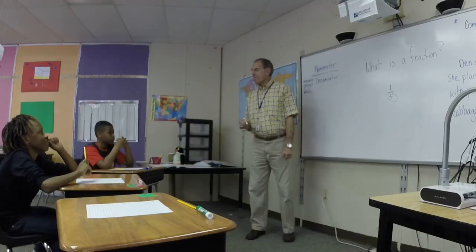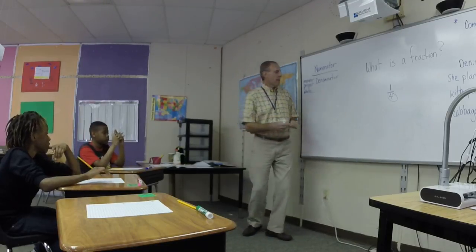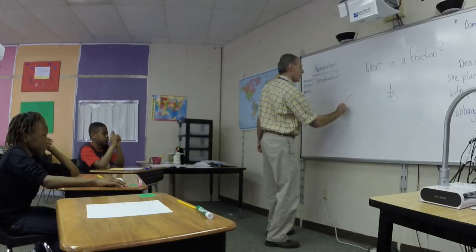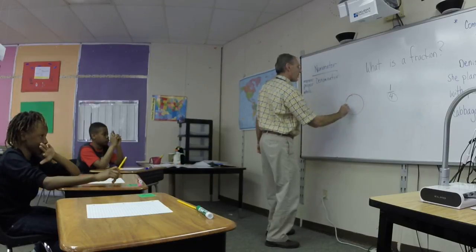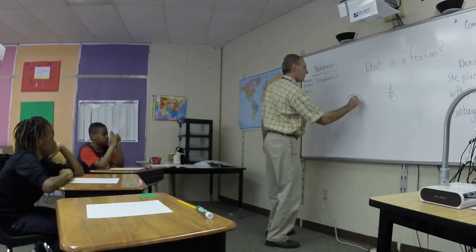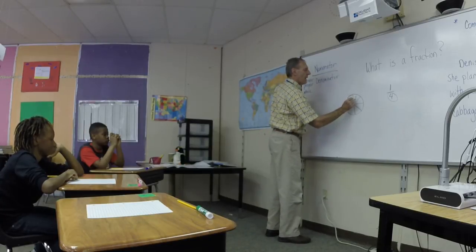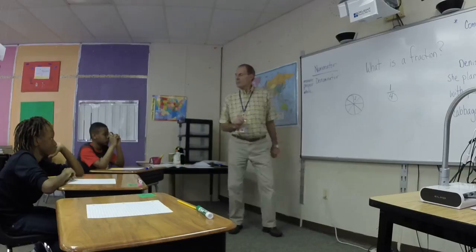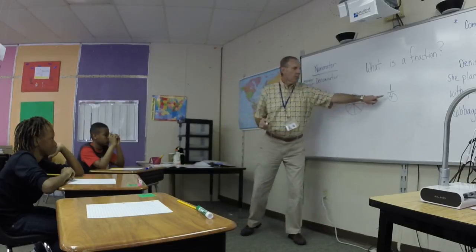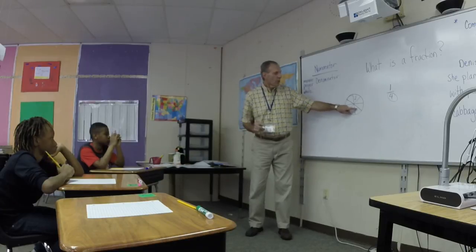Do you know? Okay. Now, let's say, for instance, we take a pizza pie here, and we're going to divide it into eighths. Each of these is 1/8 all the way around. Your bottom number in a fraction is the total number of parts.